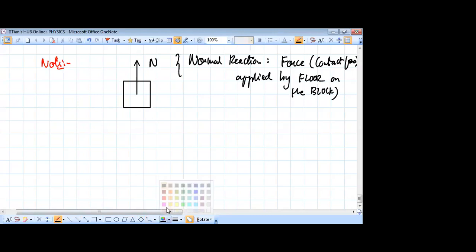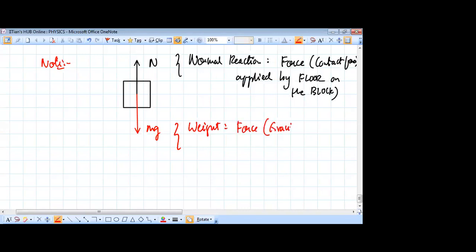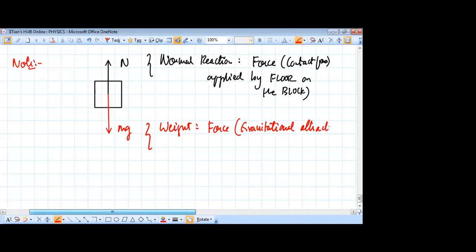And what about gravitational force or mg? It is a force applied by whom? The earth, no? And on whom? This is the weight. This is the force which is the gravitational attraction applied by the earth on the body.